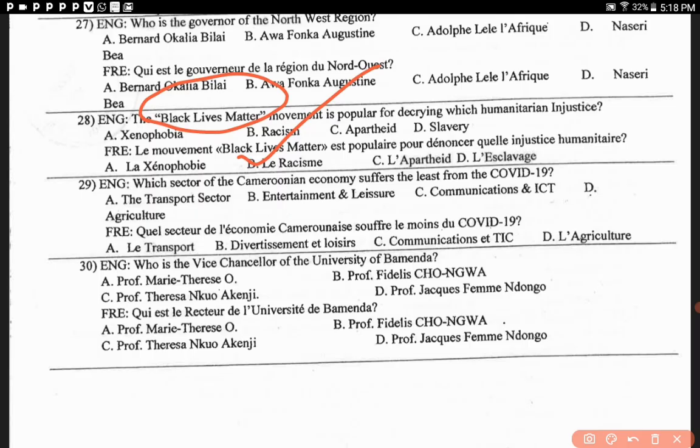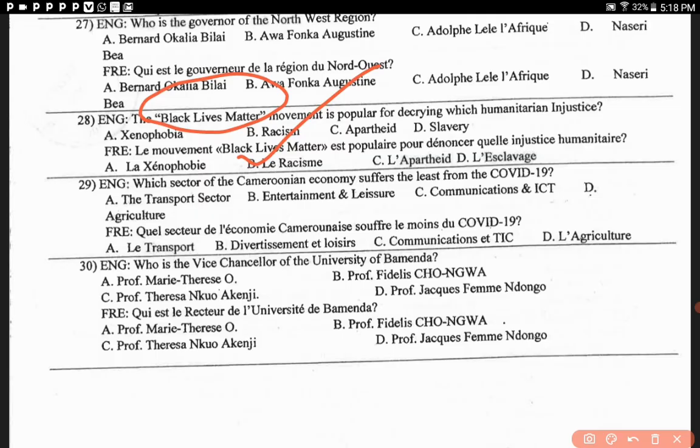The Black Lives Matter movement focuses on fighting racism, particularly systemic violence and discrimination against black people, including police brutality and unequal treatment in the judicial or justice system.